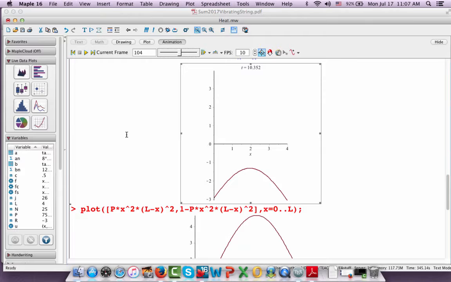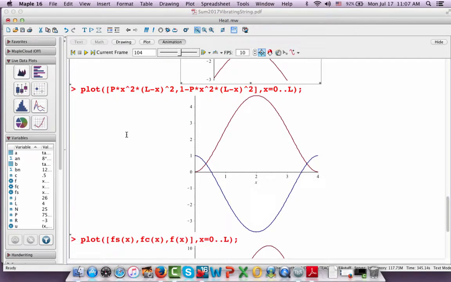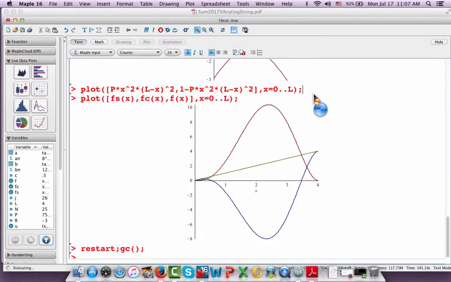All right, so let's make some sense of how we split this function f. What I have here are those two functions I used and multiplied by f. This function here is what I multiplied by f to get fs, and this function here is what I multiplied by f to get fc.